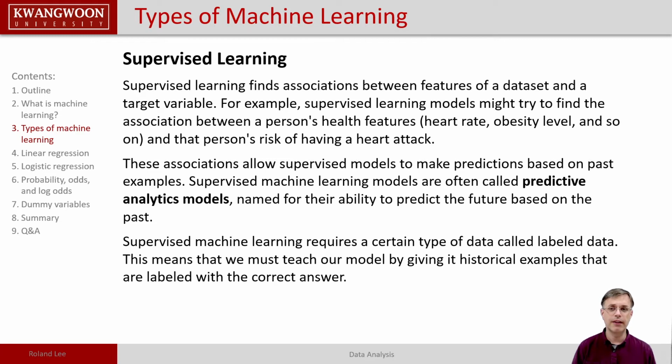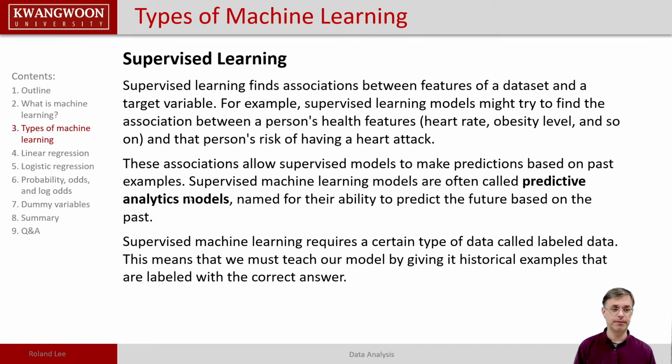Recall, for example, the facial recognition example we had before. That is a supervised learning model because we are training our model with previous pictures labeled as face or not face, and then asking the model to predict whether or not a new picture has a face on it.